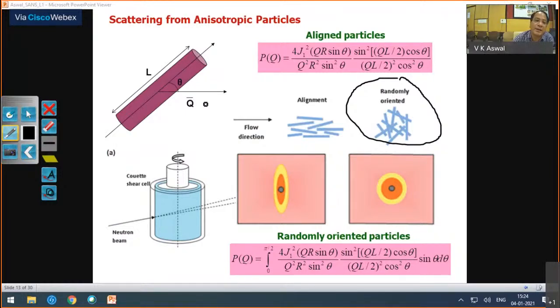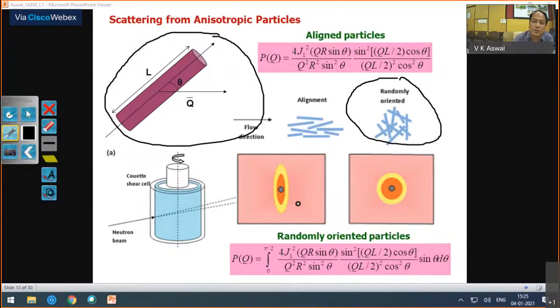So basically, this is the direction of Q, and this is the direction in which your cylinder is aligned. Depending on the angle theta, your form factor will change. So this is for aligned particles. And how do you align?